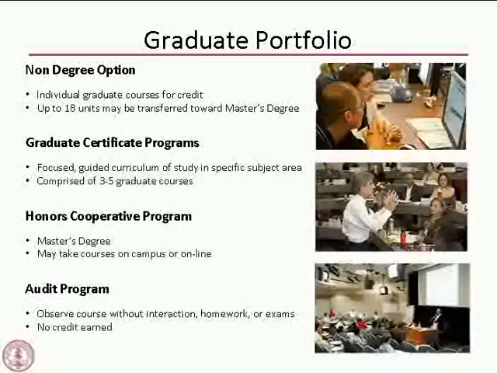Often, in a specific domain, these can be applied to a master's degree. So for instance, if you take a number of EE courses this summer on a non-degree option basis, all you need to do is provide us with a transcript which proves that you can do Stanford-level work, and you will be admitted to that course, and you can continue to accumulate those credits toward a master's degree.